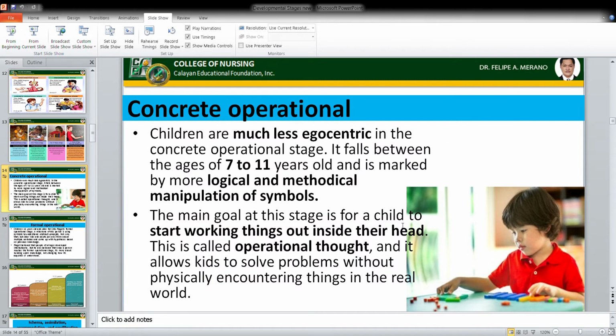Next, in concrete operational, children are much less egocentric as I mentioned. So the main goal of this stage is for the child to start working things out outside their head. This is called operational thought, and it allows kids to solve problems without physically encountering things in the real world.